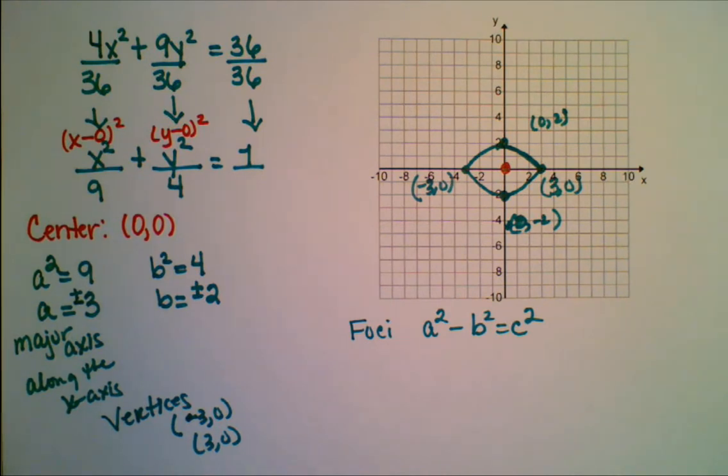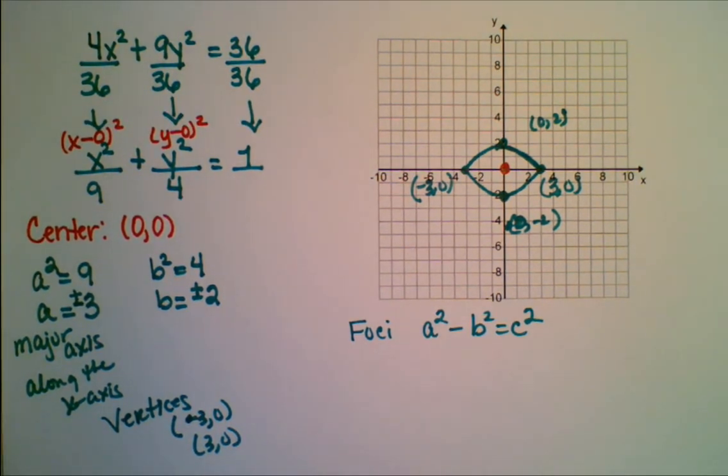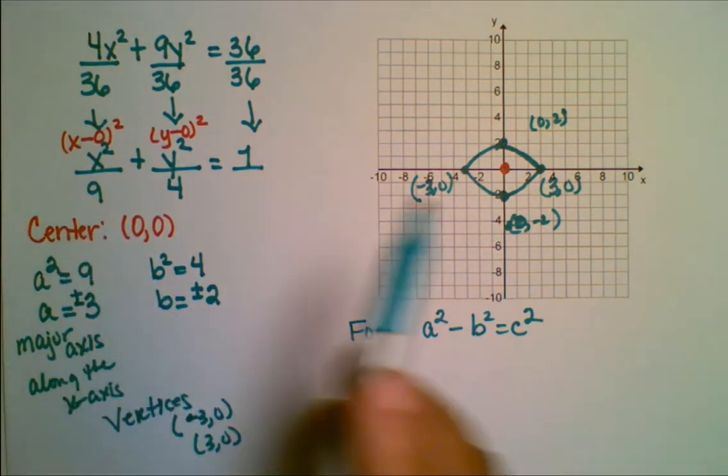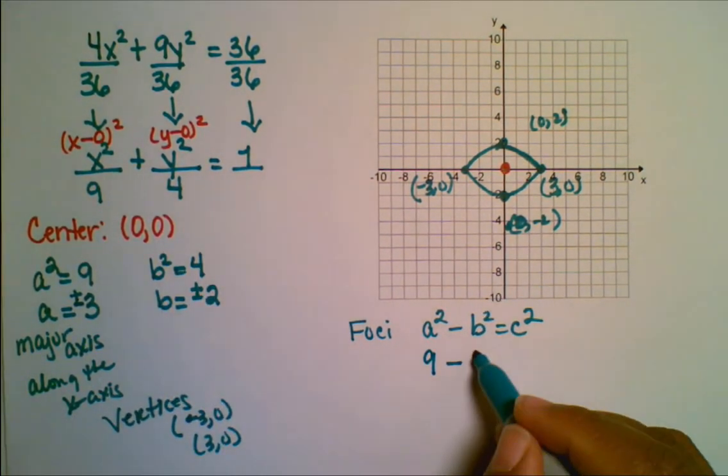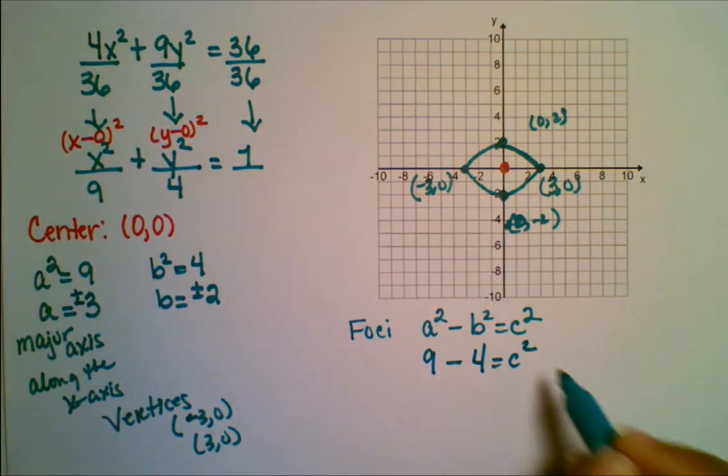Okay, now the foci. We said that an ellipse is the set of all points in the plane whose sum of distances from two fixed points is constant. So to find the foci, we have a squared, which is 9, minus b squared, which is 4, equals c squared.